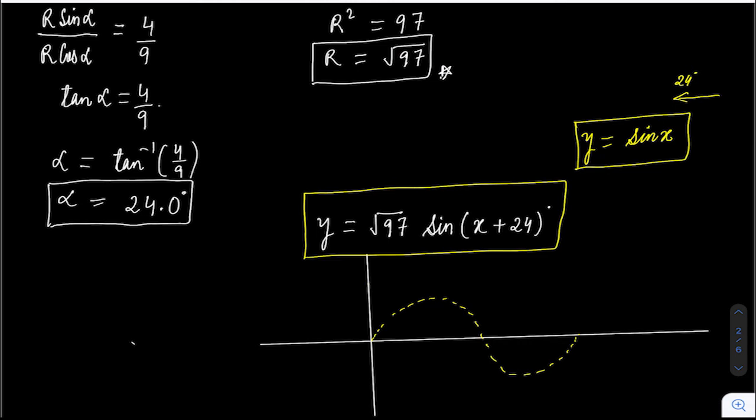So it will be something like this. Then it will come out to be 0, and then something like this.